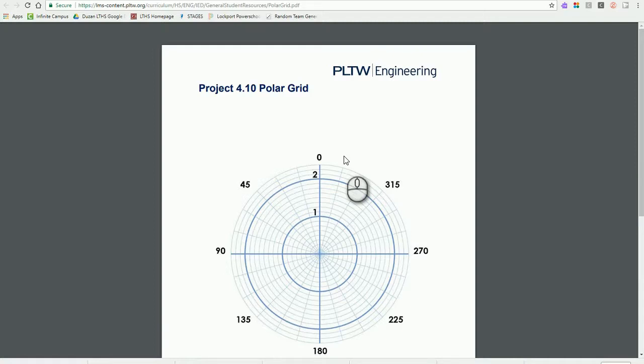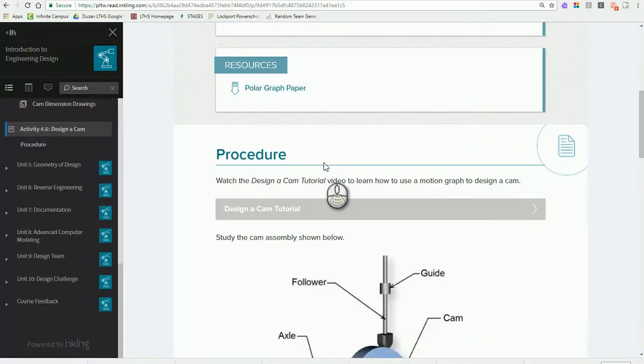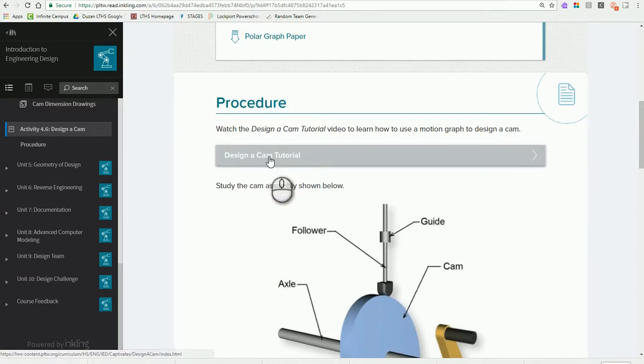Please know you're going to need this, as students are going to be plotting points on the polar graph and then basically drawing lines to connect what the actual profile of this customized cam is going to look like. So please realize you do have to use that PDF. So just want you to be aware of where that is. Also, you're going to be seeing that there is a Design a Cam tutorial video. It's right here below procedures. So make sure you take a look at that. Some helpful things out there.